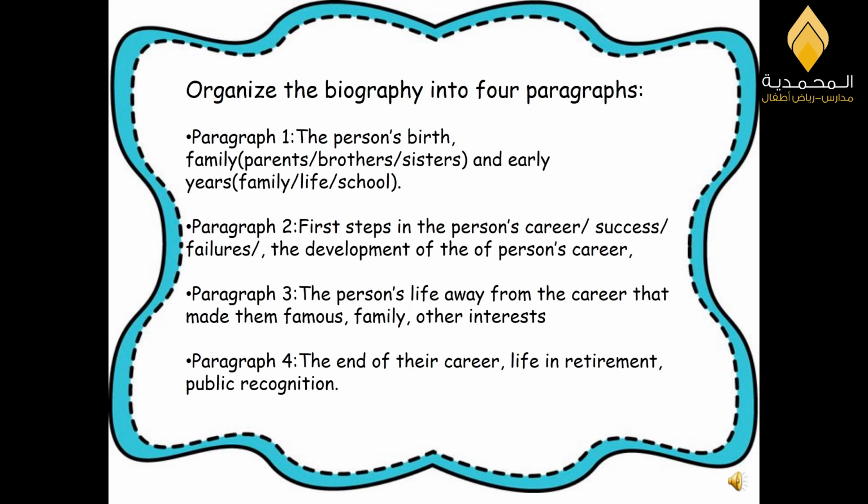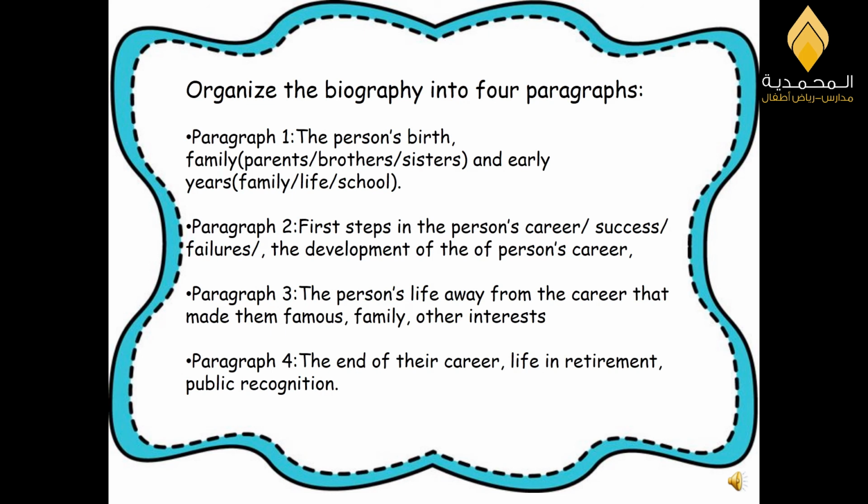The first paragraph, you have to write the person's birth, family, I mean parents, brothers, sisters, and early years of family life, school, okay? Paragraph number 2, you have to write the first steps in the person's career, their success, failure, the development of the person's career, okay?